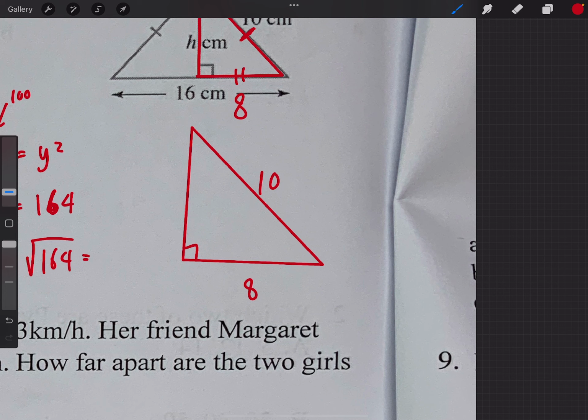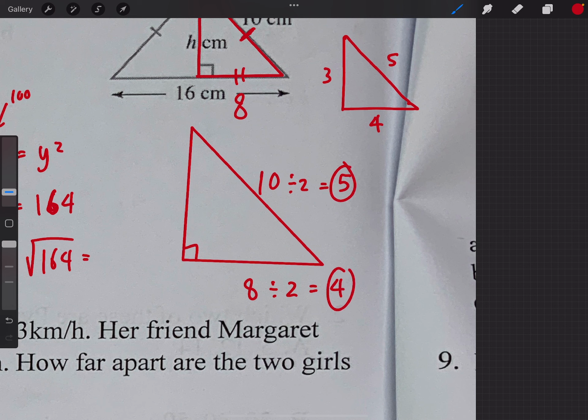If I divide this by 2, I'm going to get 5. If I divide this by 2, I'm going to get 4. Now we know there's a Pythagorean triad of 3, 4, 5. So if this is 5 and this is 4, this must be 3.